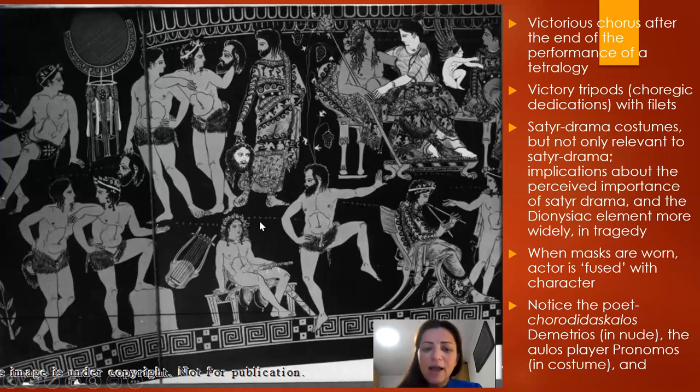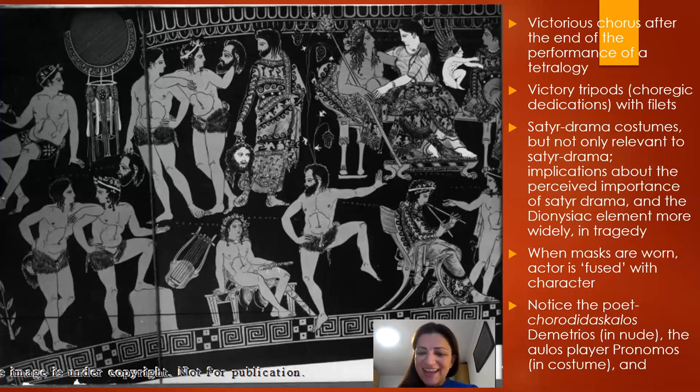But for now, let's look at the representation of the poet, the choródidaskalos, with the name Demetrius. Unlike the others, he does not have a costume, which shows that he's extra-dramatic. He's portrayed in heroic nude, and the heroic nude in the conventions of Greek art is the highest possible form of representation.